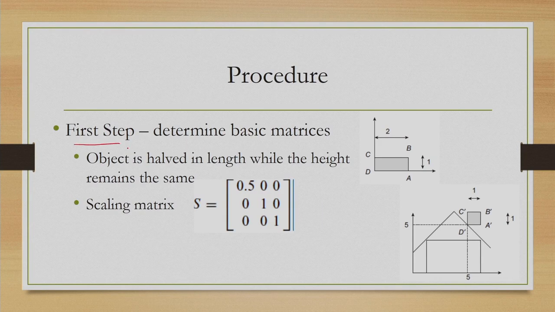First step, we need to determine the basic matrices, that means determine the amount of translation and determine the scaling factors. Note that the object is halved in length while the height is the same. That means along x direction it halved, but along y direction it remained the same. So, the scaling matrix should be Sx should be half and Sy will be 1, as shown in this transformation matrix for scaling.